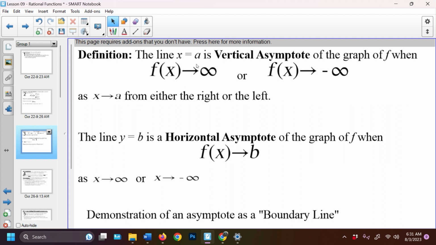And so this little arrow here implies that it's getting closer and closer to whatever value, or in this case for infinity, the concept. So as x gets close to a, the function either goes to positive infinity or to negative infinity.